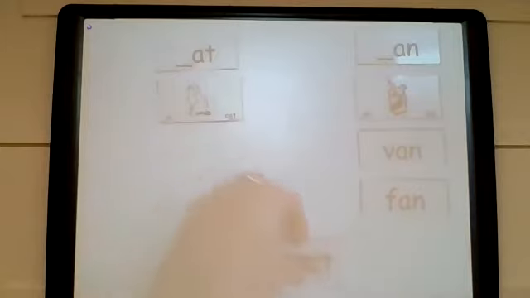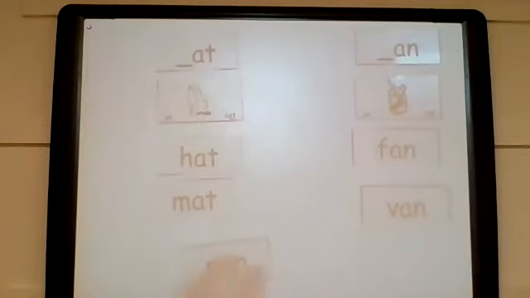Now, once we have the students sort, after we've modeled it, let's say when they're sorting, they sort hat and mat, but then they put pan with at. Now, they've already sorted a couple of them, so we think that they probably understand the idea.